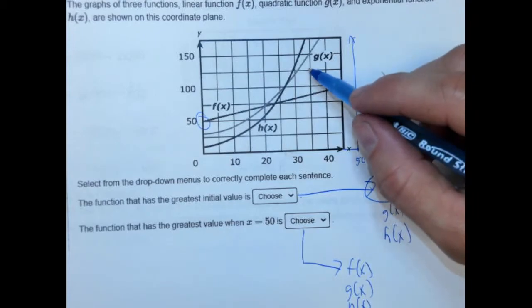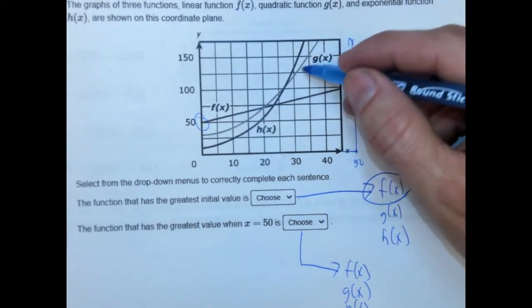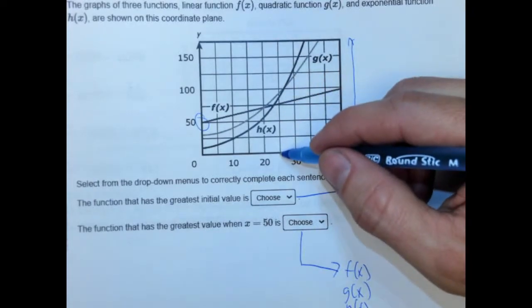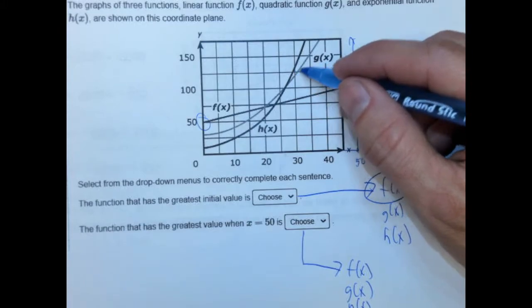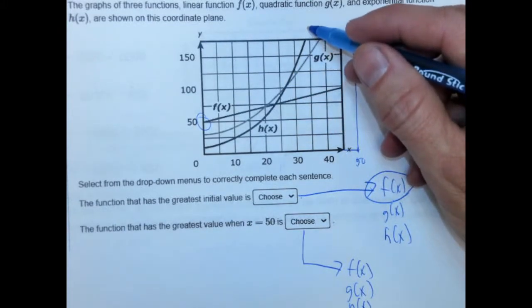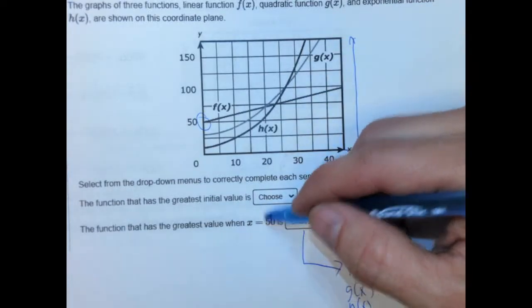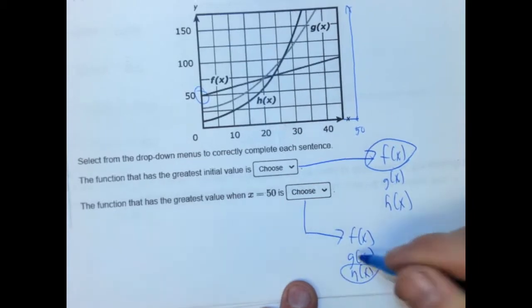Okay, so you can see here that h of x overtakes g of x at this point, right around 27 for the x value. So the functional value of h of x surpasses that of g of x. So you can safely say that h of x will have a higher functional value when the input is 50. So the answer for the second part would be h of x.